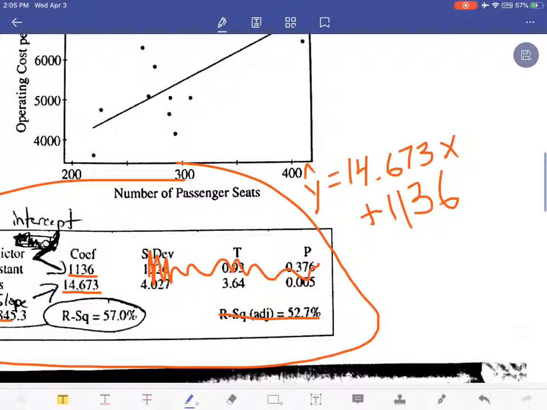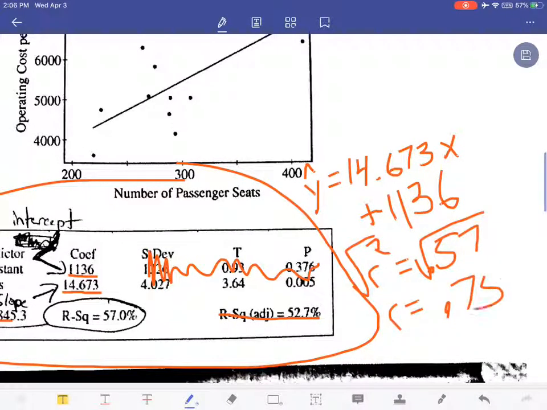So first thing, we can find r from r-squared just by writing out a little equation. So we get r-squared equals 57% as a decimal, so we put it as 0.57. We take the square root of both sides, and that gives us r equals 0.75.